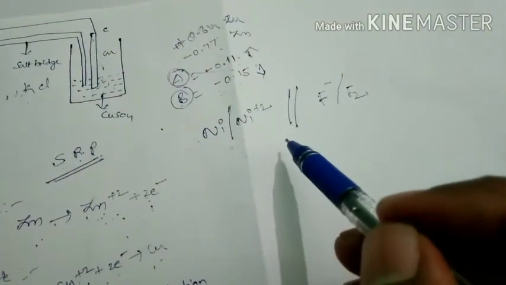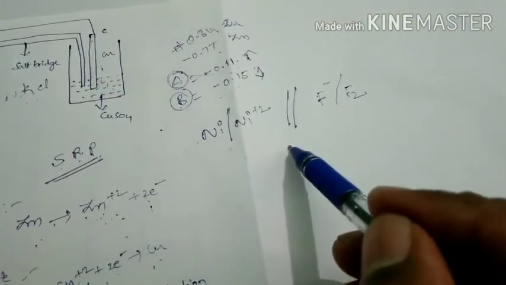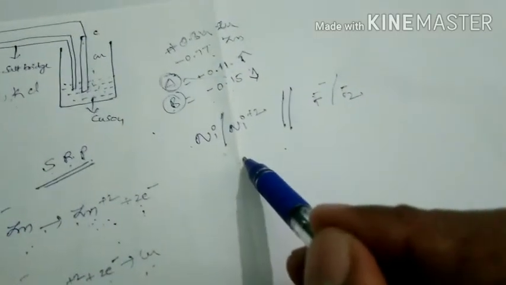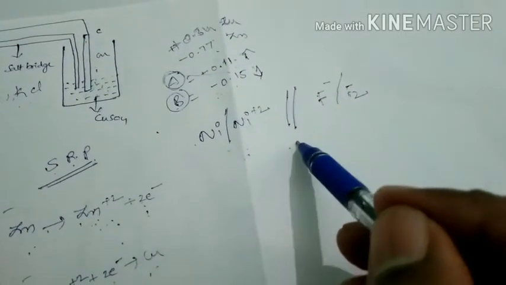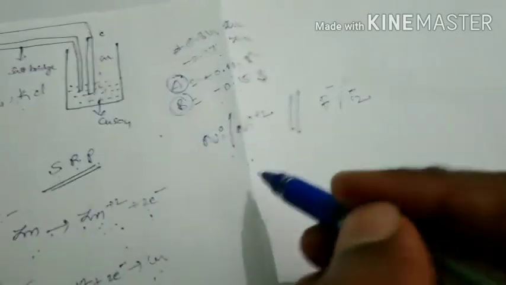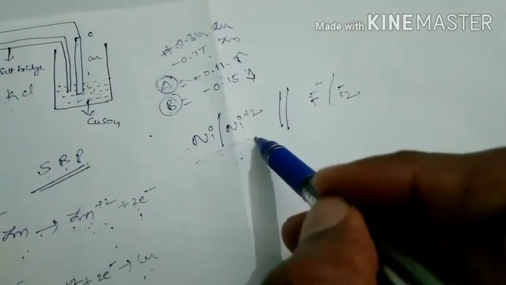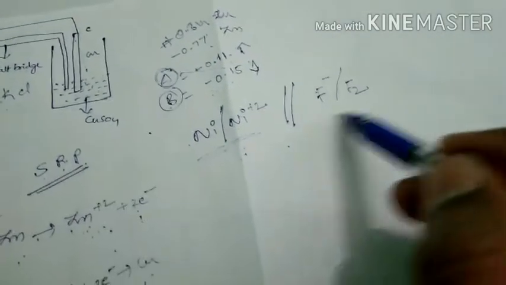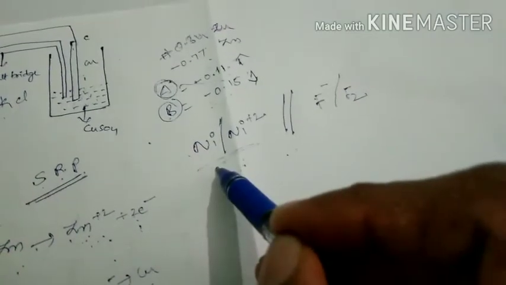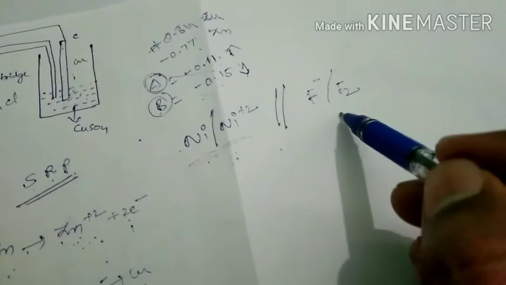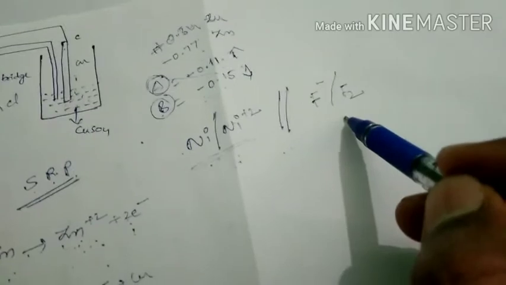What is the reaction that takes place at the anode if this cell representation is given? This part is the anode part and this part is the cathode part. At the anode, oxidation takes place. At the cathode, reduction takes place.